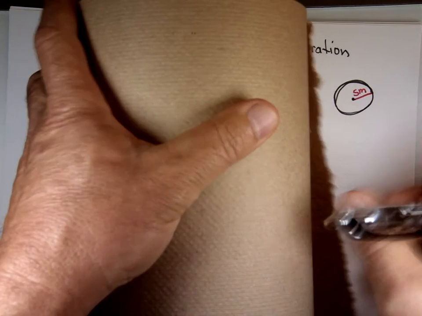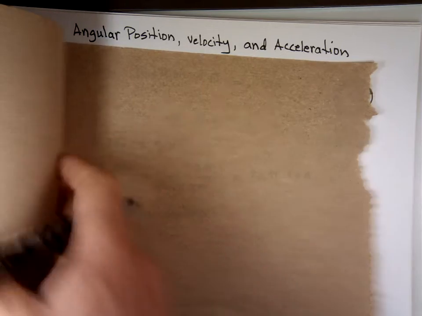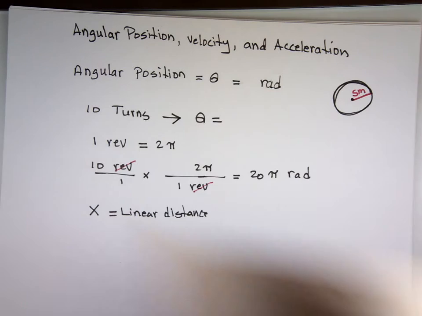And it came loose, notice? And as you're moving, you can see that paper is laying on the ground. So if this one turns 10 times, how long is that piece of paper on the ground? What's the length of it? How do we figure what that is?